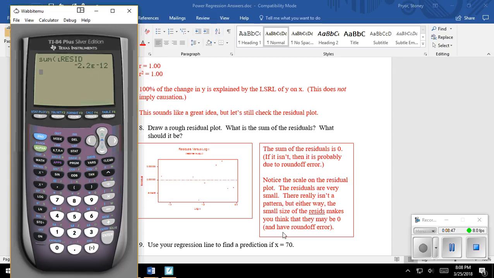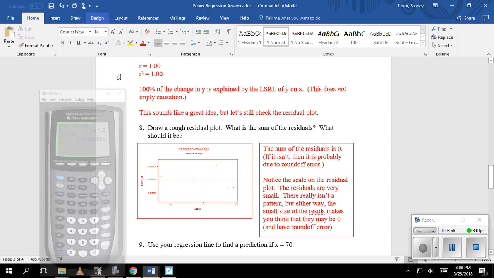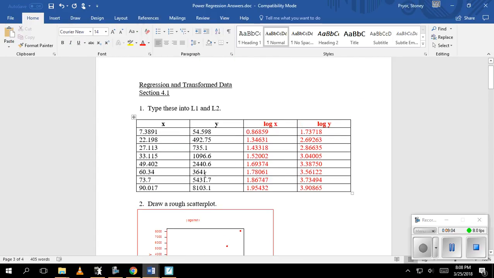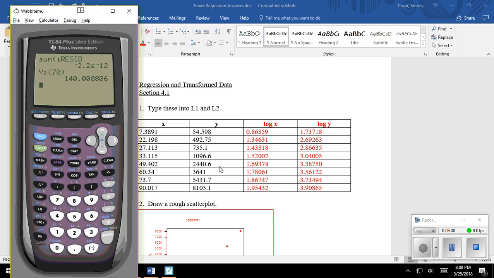Use your regression line to predict if x is 70. So now I've got vars, y vars, function Y2 of 70. I think this guess is going to be a lot better. So let's check it out here. If x was 70, something like, wait a minute, it doesn't look good.